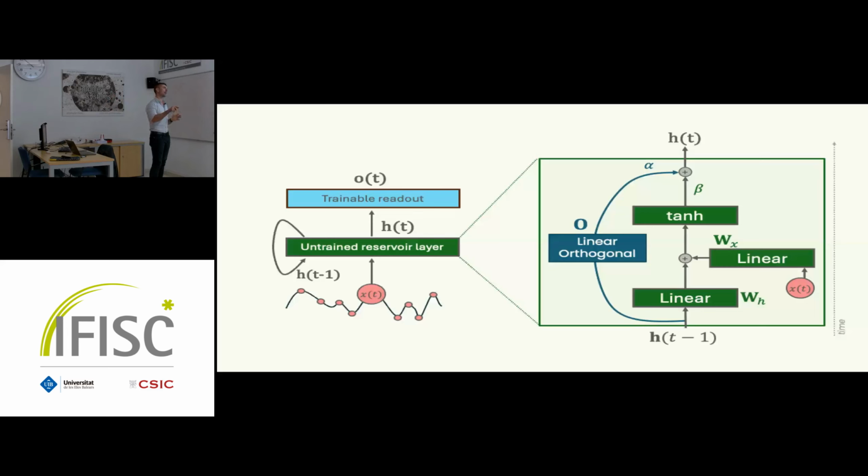But what we have added is a linear orthogonal path that connects the state at time step t minus 1 to the state at time step t. Okay, so the purpose of this is to preserve as much as possible the information that is coming from the past. And the green part instead will add to this integration over time also the information from the new input.